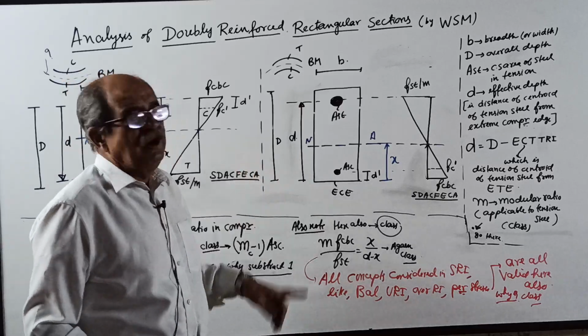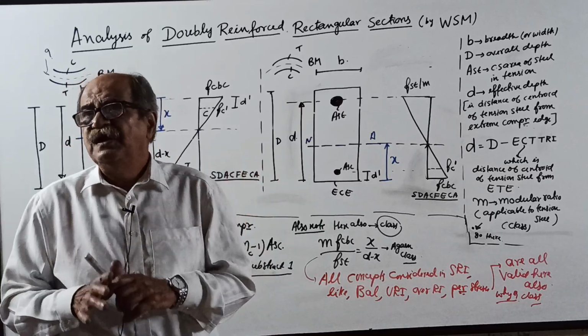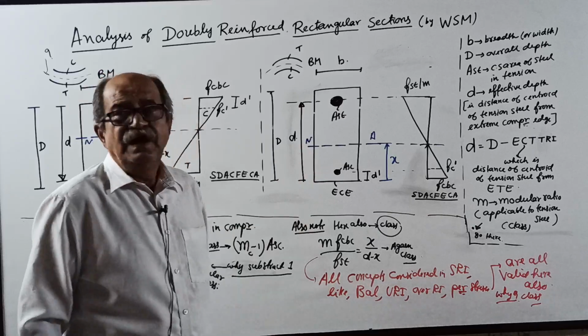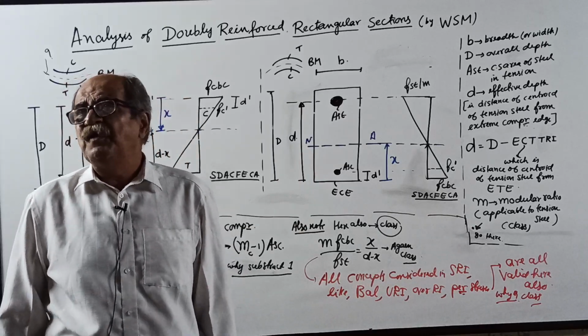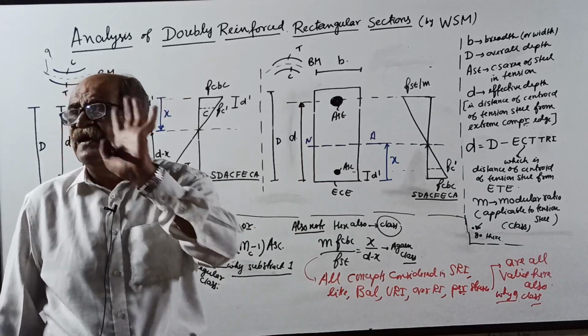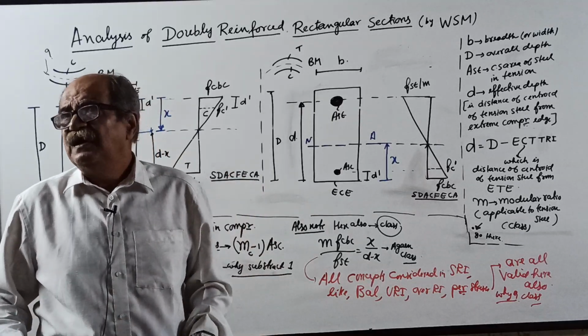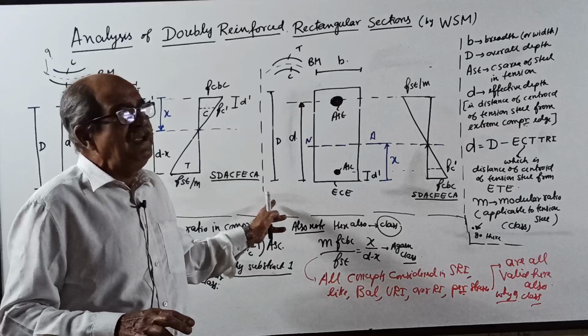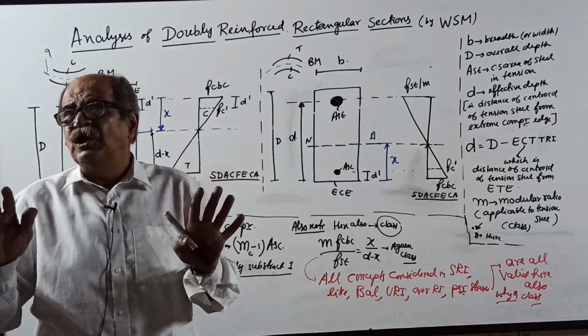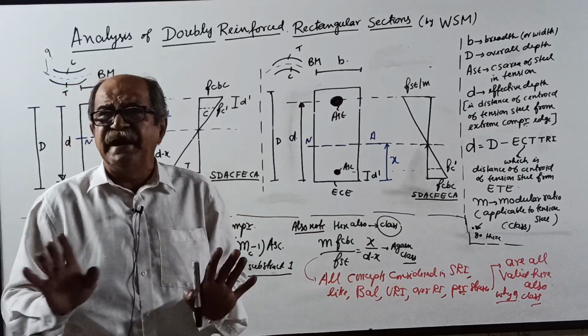This class is meant only for analysis examples. I will write some equations here. Nobody should ask how that equation came. It is derived in the class. So here it is only for the numerical part. Expressions given by me are to be considered correct by everybody. It is always correct only.